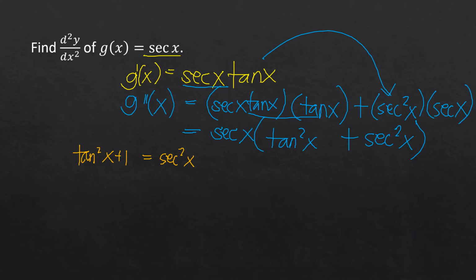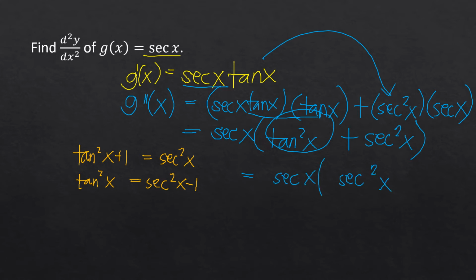So ibig sabihin nito, pag kukunin natin ang tangent squared x, makakaroon tayo ng secant squared x minus 1. So sa madaling salita, pwede natin palitan ang tangent squared x into secant squared x minus 1. So we have secant x times, replacing tangent squared x by secant squared x minus 1.